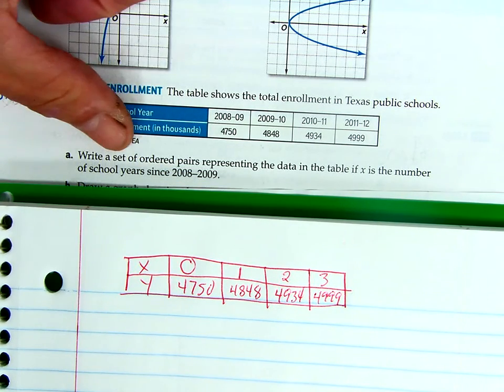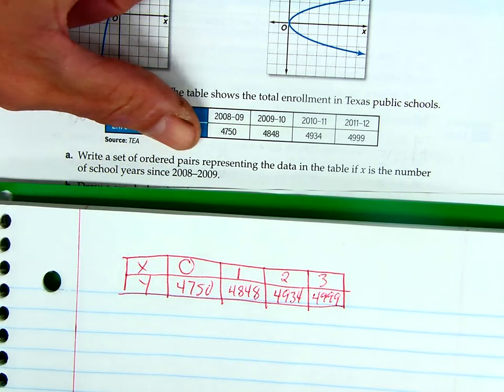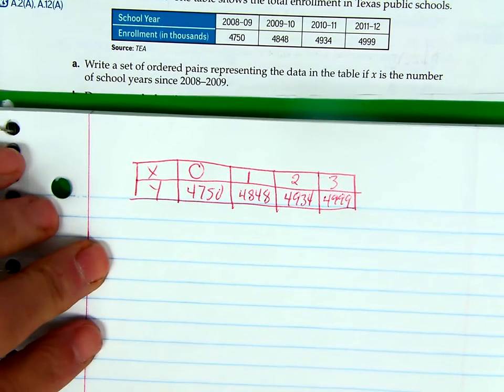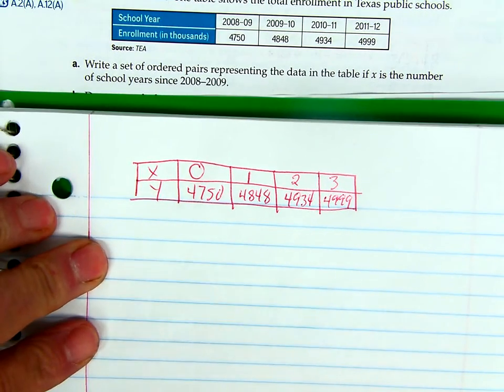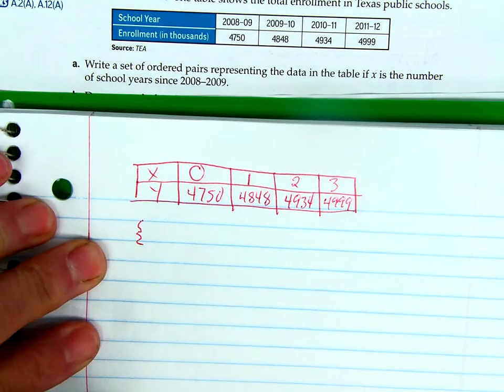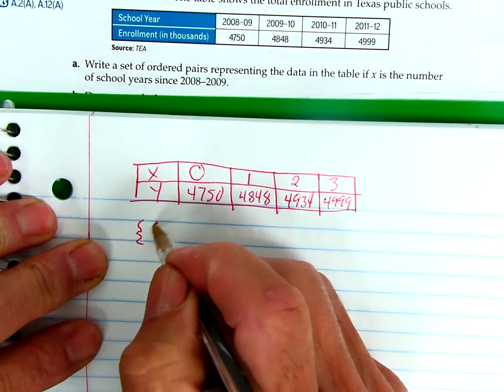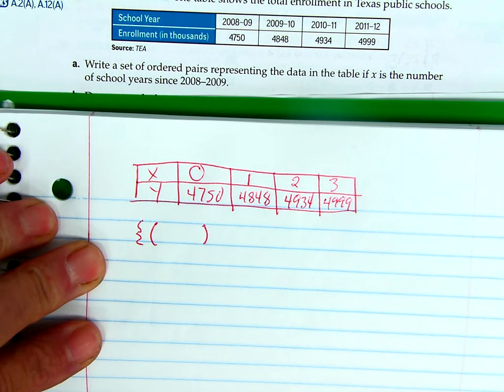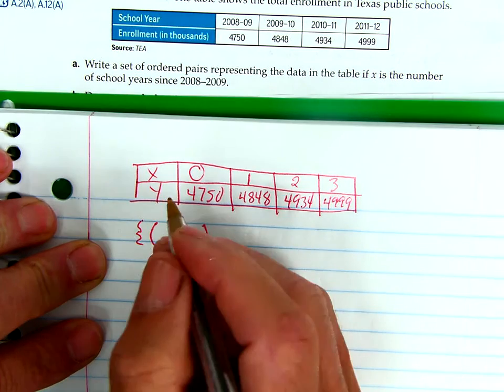So part A says, write a set of ordered pairs. Okay? Now we have the data that we actually need for our ordered pairs. It's a set, so we start with the set bracket. And the first point will be 0, 4,750.